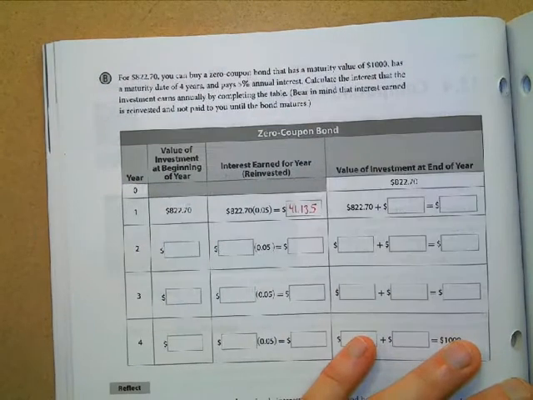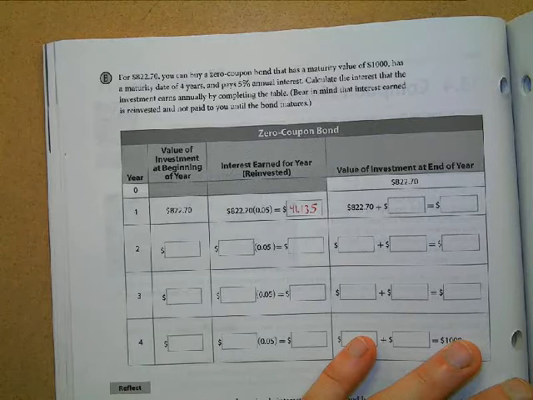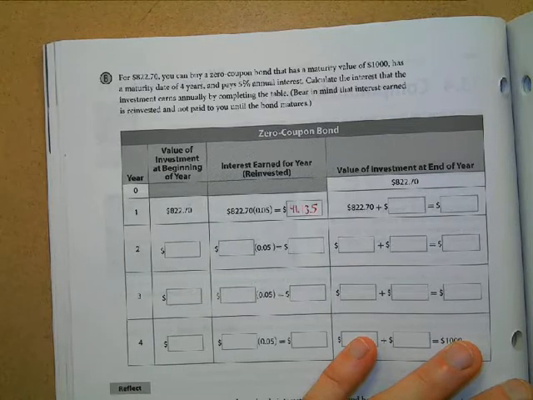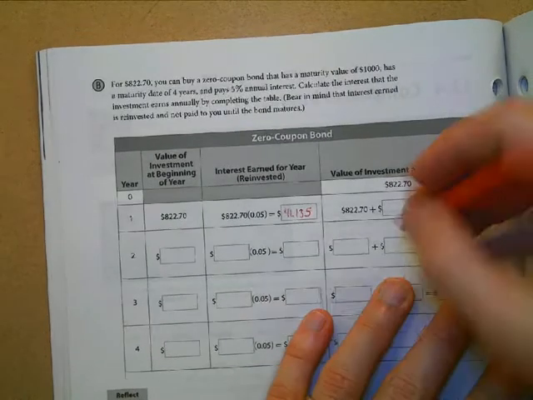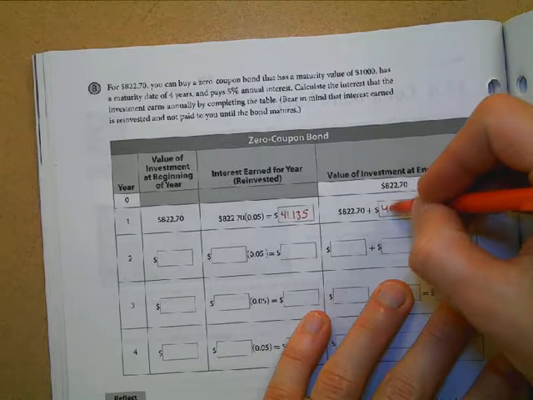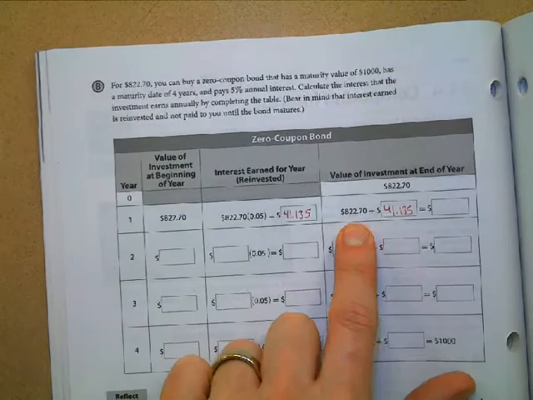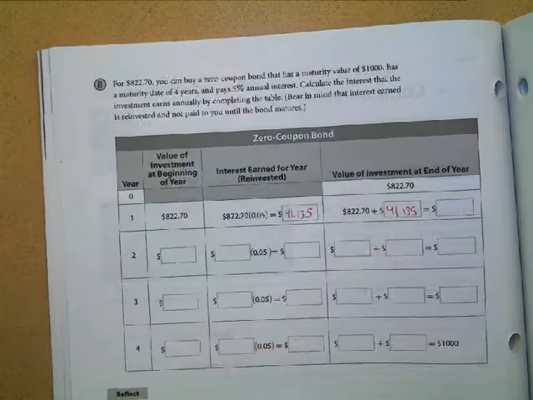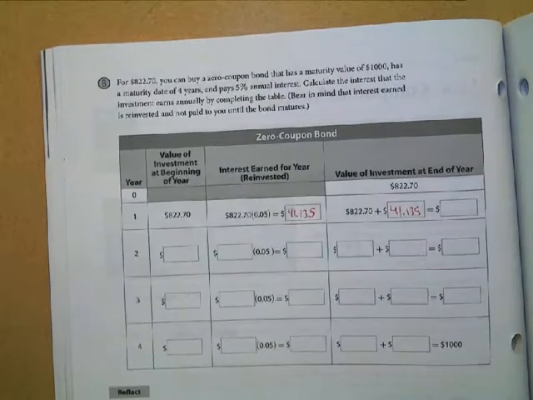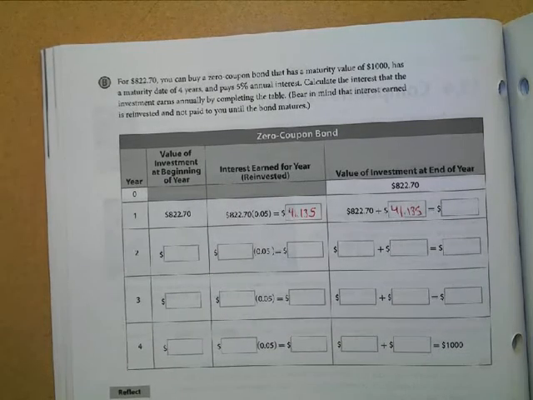But again, we don't get paid that. Instead, it gets reinvested. So it basically gets added to the initial amount here. So we're going to add that to it, and so we get 863.835.